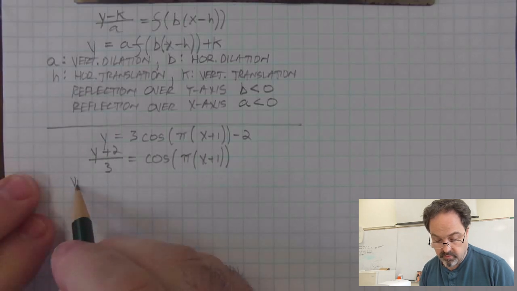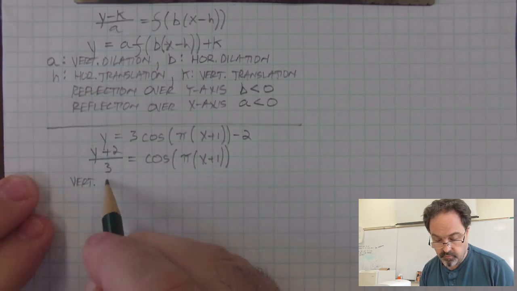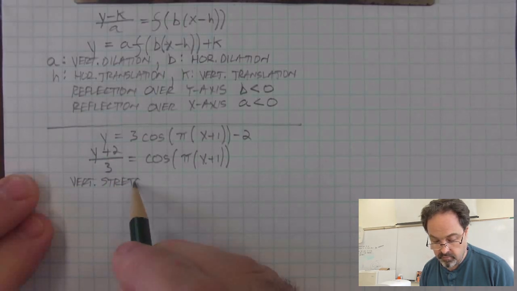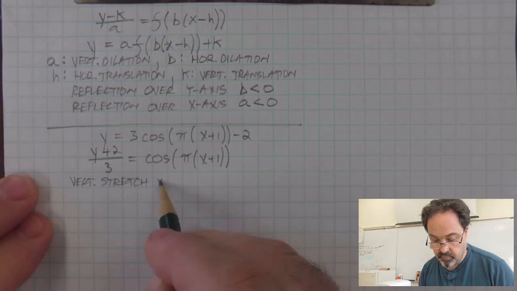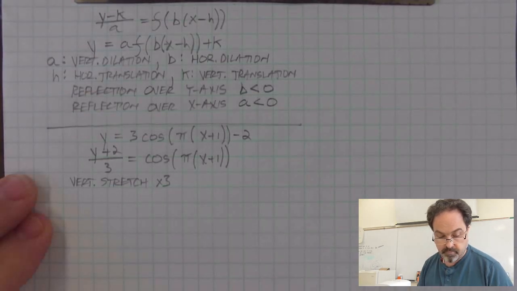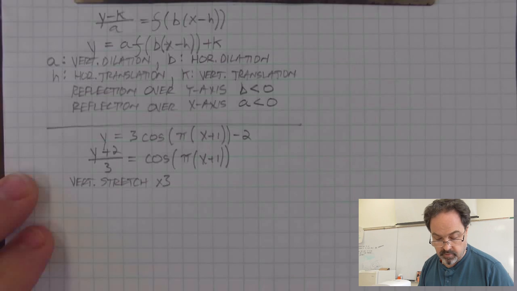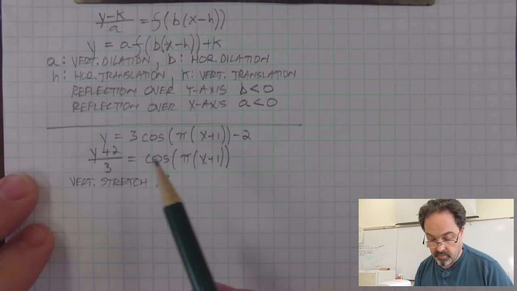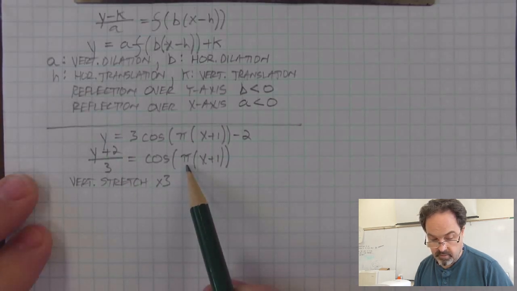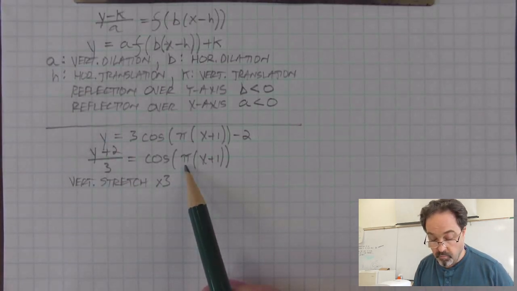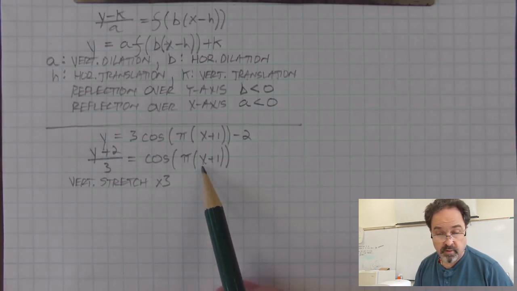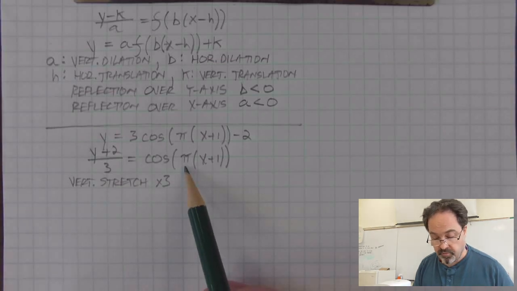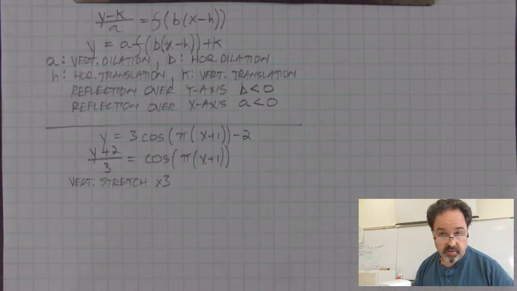Descriptively, we could say vertical stretch factor 3 or times 3. Next, I'm going to consider this pi. So pi is multiplying x. Pi is a number approximately 3. And we think when we see multiplication that we're going to expand.